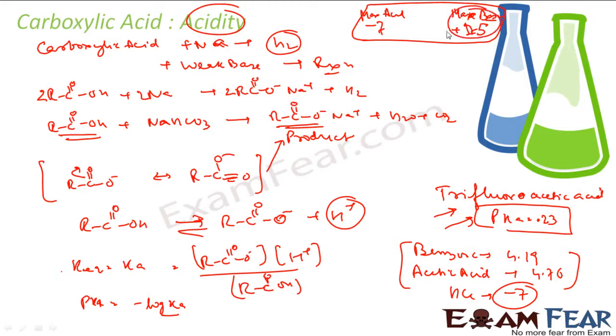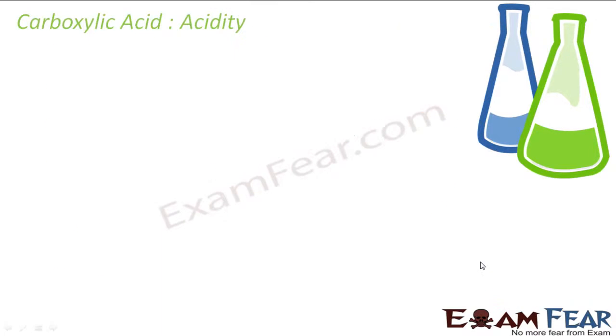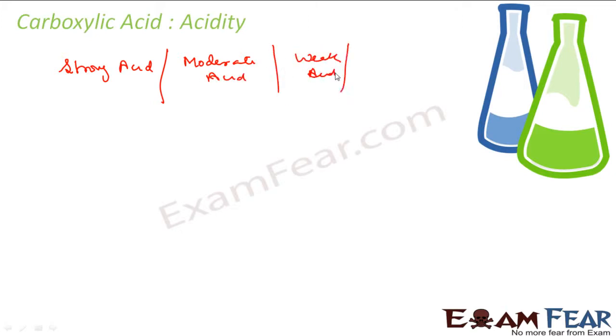So the trend is, if the pKa is less than 1, it is generally a mineral acid, for example HCl. So I have strong acid, which is generally a mineral acid, then moderate acid, then weak acid, and then extremely weak acid.